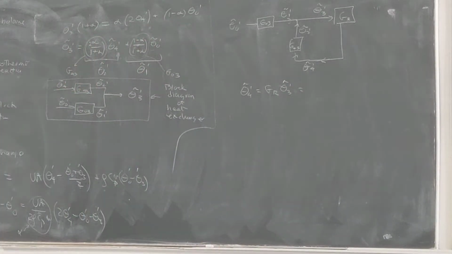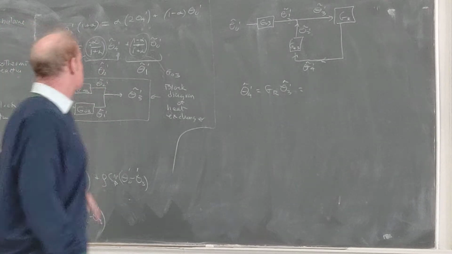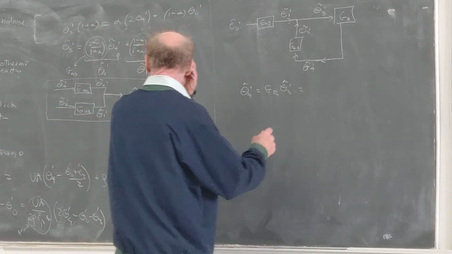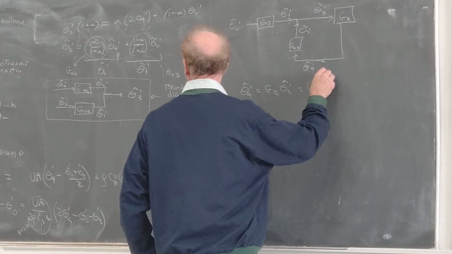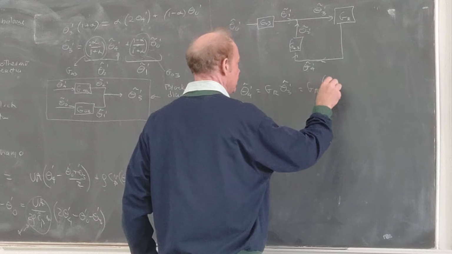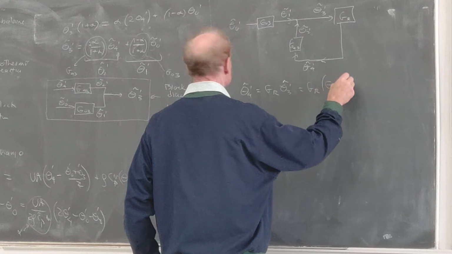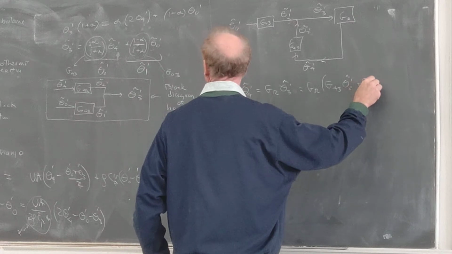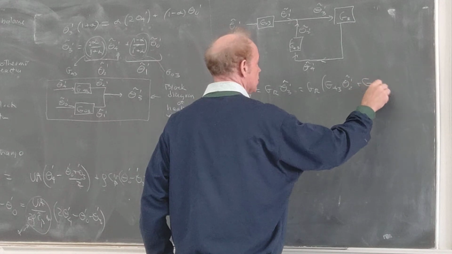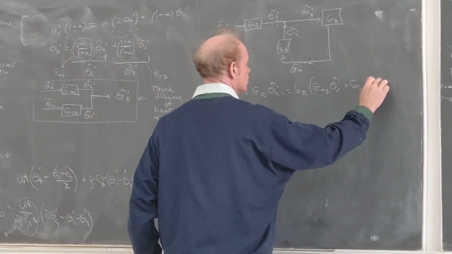But we already know what theta 3 prime tilde is. That's equal to this thing. It's equal to GR times G43 theta 2 prime tilde plus G03 times theta 1 prime tilde.